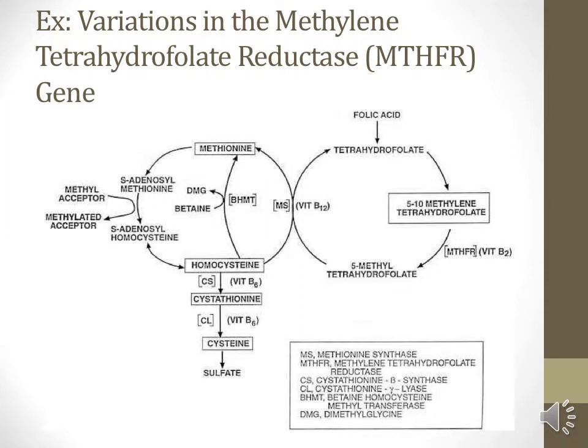But then an enzyme called methylene tetrahydrofolate reductase, this MTHFR, this enzyme removes one of these methyl groups to make 5-methyl tetrahydrofolate, which is necessary for the conversion of homocysteine to methionine, and ultimately the production of S-adenosyl methionine, which is important for the formation of new nucleotides.